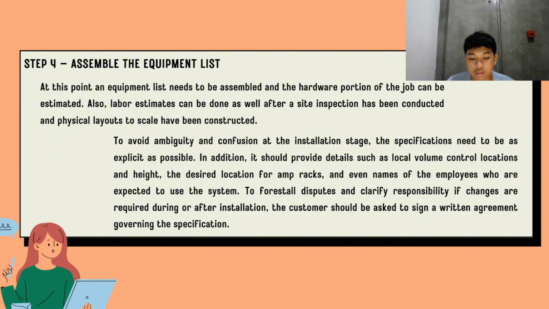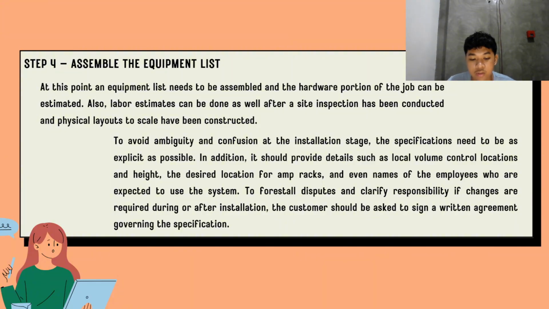The engineer may also generate the design and code, often at the same time as the site survey. Success at this stage depends upon experience and product knowledge. To avoid ambiguity and confusion at the installation stage, the specifications need to be as explicit as possible. Of course, it should enumerate all of the equipment proposed to do the job and should include both a block diagram and an accurate floor plan with annotations regarding construction.